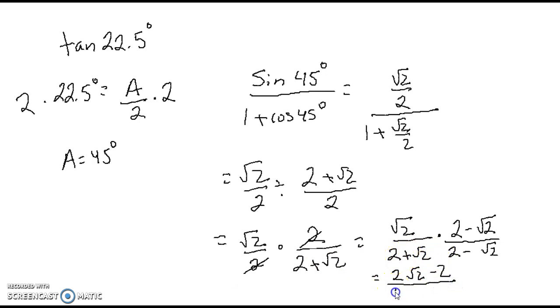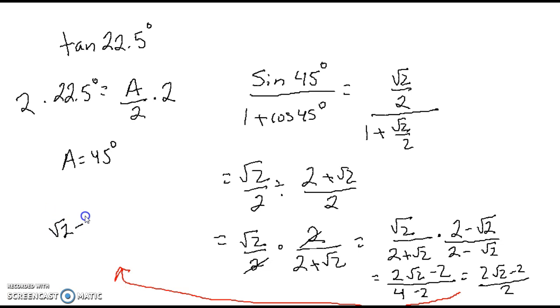Conjugates, 2 times 2 is 4, minus 2. 2 root 2 minus 2, all over 2. And a lot of things are going to cancel out. And I'm running out of room, so I'm going to write my answer. Follow the line. As this. Root 2 minus 1. So there is our finding exact values.